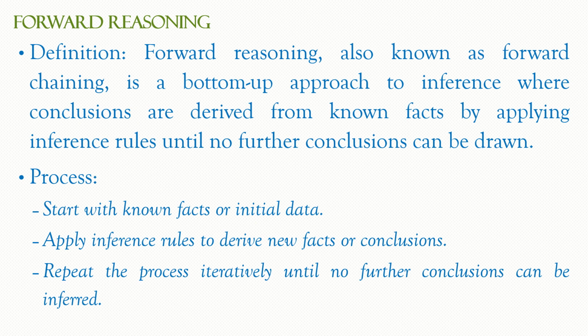Basically, this process starts with the known facts or the initial data, we apply some rules, and we come to a new set of facts or conclusions. This is repeated until no other investigation or claim can be made.